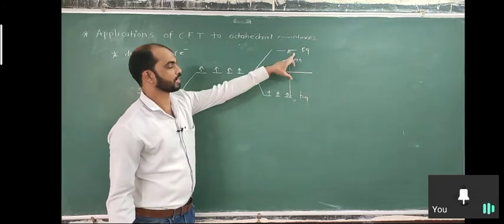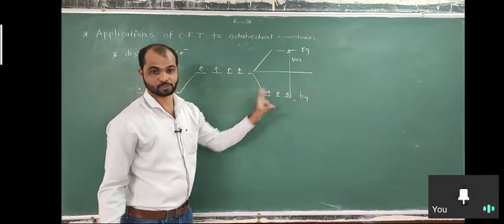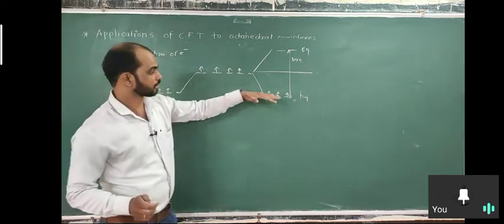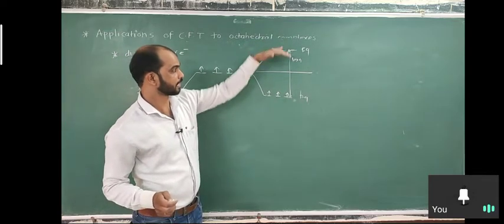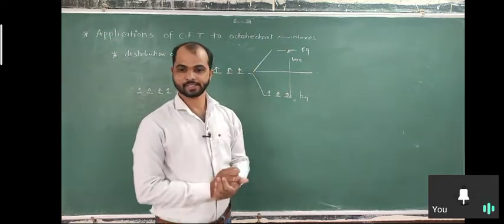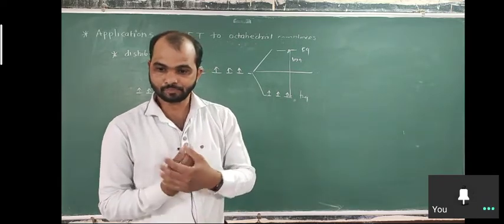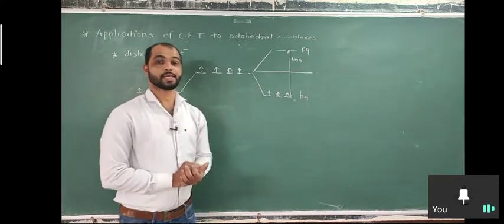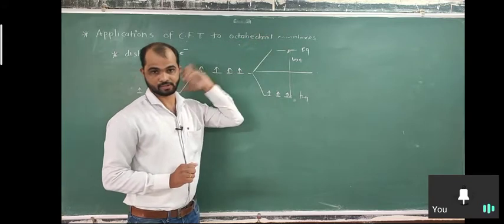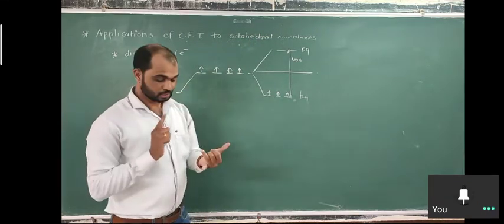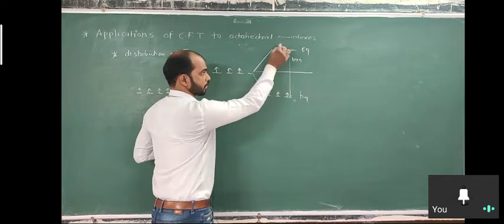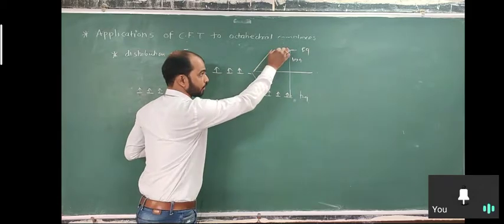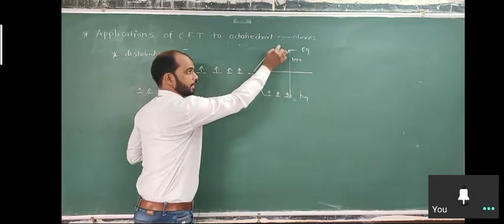Okay, 1, 2, 3, 4, 5 or 1, 2, 3, 4, 5, 6, this way. So it depends on the pairing energy and the promotional energy, meaning the energy required to excite an electron from a lower energy state to a higher energy state. If the 4th electron comes here, we need more energy to occupy the higher level.